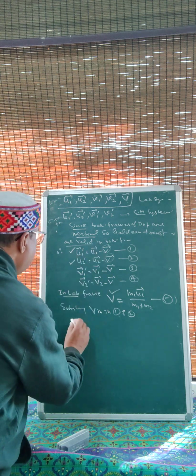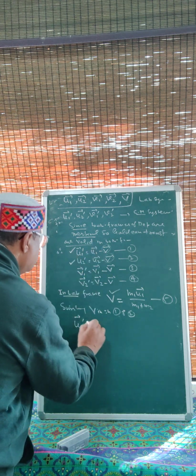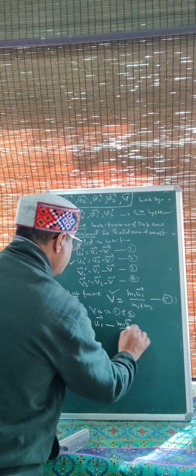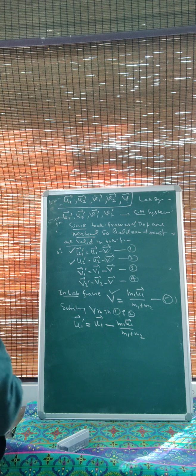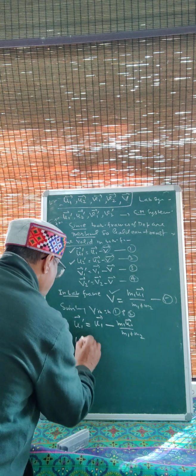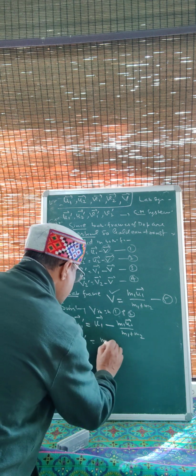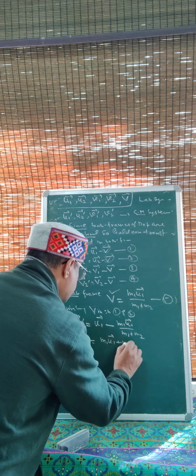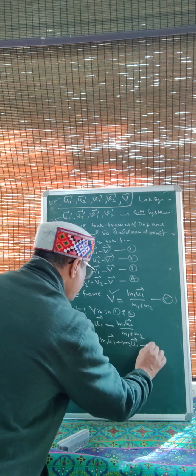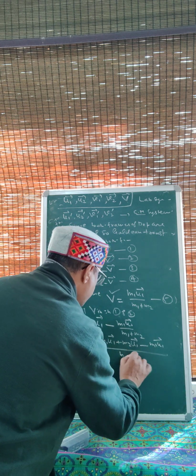Equation number 1 will become u1 dash is equal to u1 minus v. Putting the value of v, this is u1 minus m1 u1 over m1 plus m2. Taking the LCM, u1 dash is equal to m1 u1 plus m2 u1 minus m1 u1, divided by m1 plus m2.